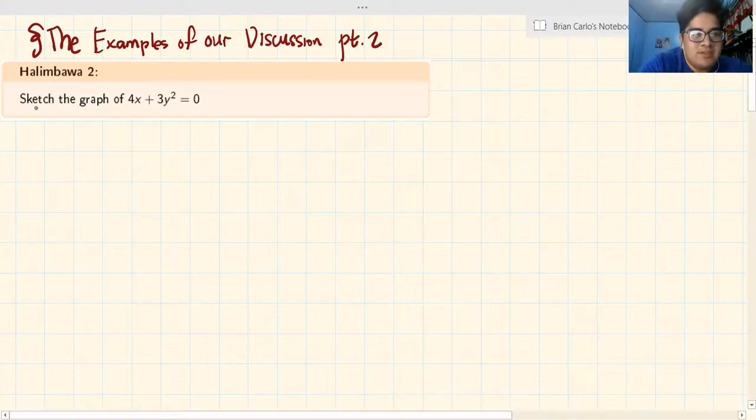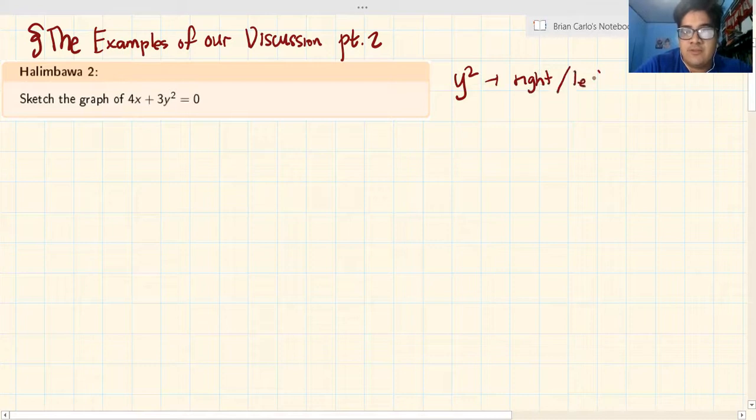Example 2: sketch the graph of 4x plus 3y squared is equal to 0. Ito pala para tandaan, guys. Pag nakita nyo may y squared ang given, ibig sabihin yung opening mo is either to the right or left. May dalawang possibility lang.